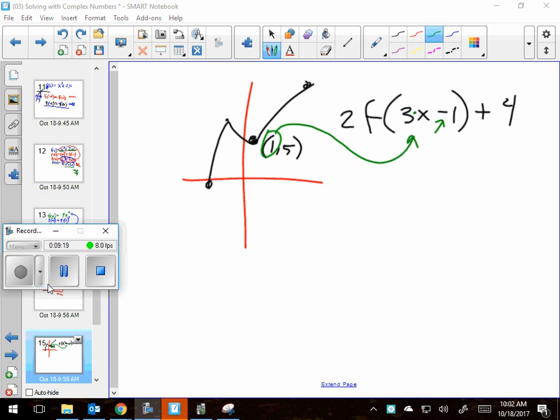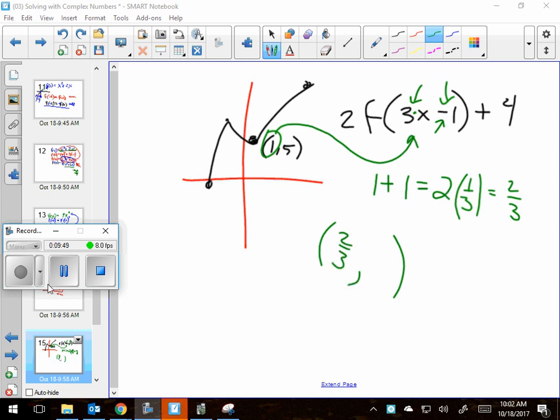Or do I subtract 1? You actually add 1. Okay? So this is definitely twisty-turny. All right, so I take this 1 and I go, instead of multiplying by 3 first, I'd start with that, and I don't subtract 1, I add 1. So 1 plus 1 makes 2, and then I don't times by 3. I could say I times by 1/3, or I could say I divide by 3. Final answer is 2/3.